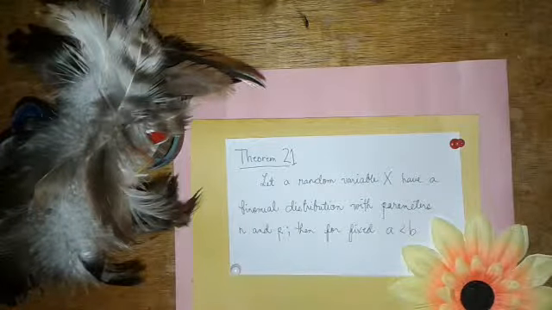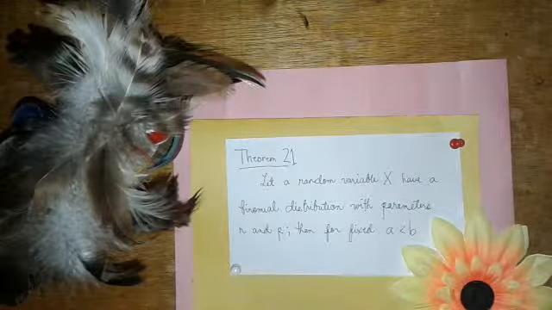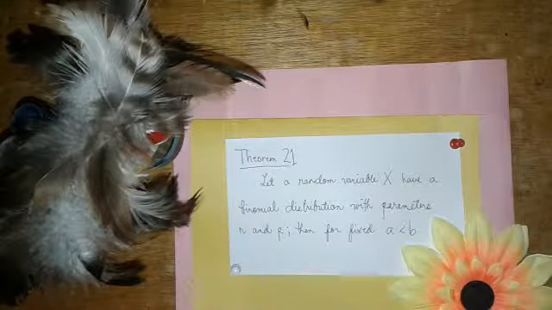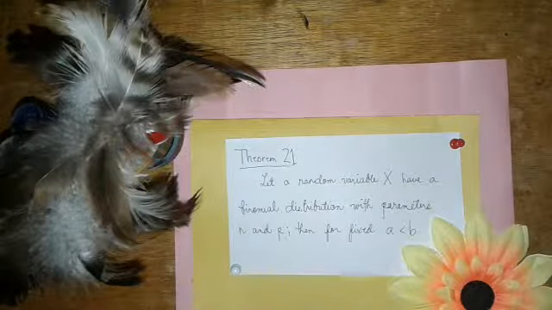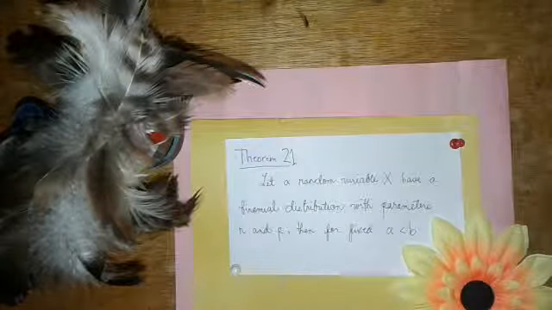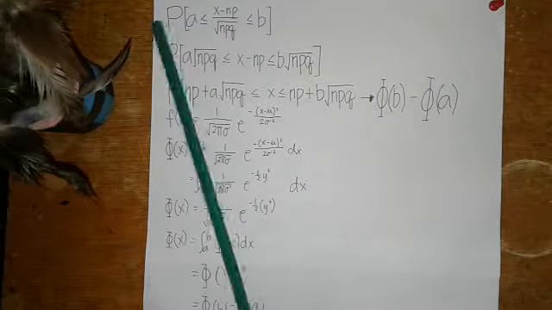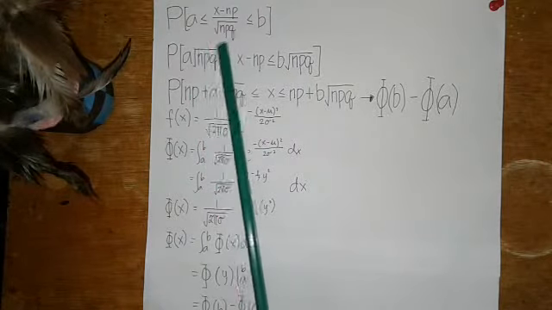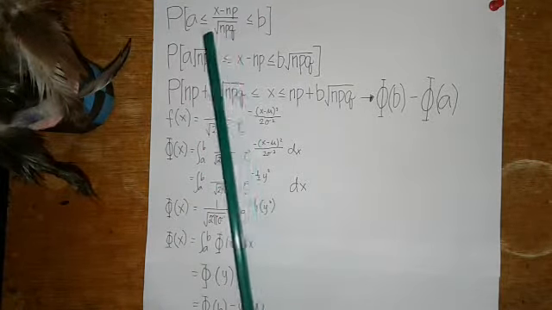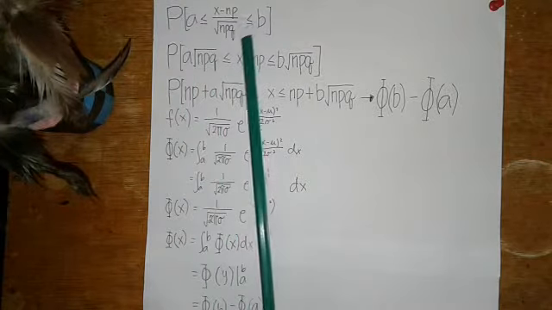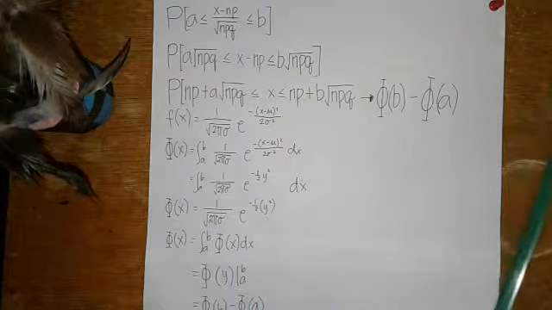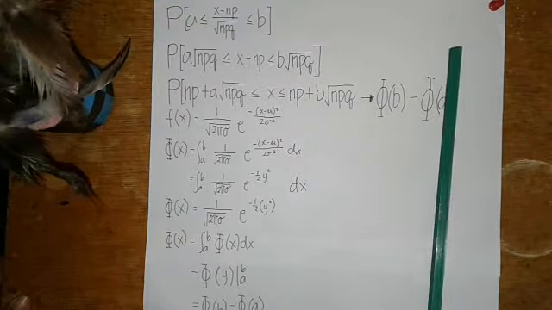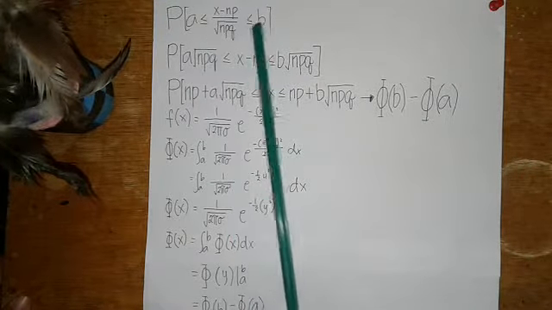Theorem 21. Let a random variable x have a binomial distribution with parameters n and p. Then for fixed a less than b, the probability of (x minus np) all over square root of npq greater than or equal to a and less than or equal to b. So like what we did in Theorem 20, we are going to multiply it by square root of npq.